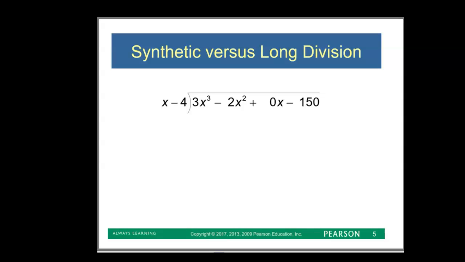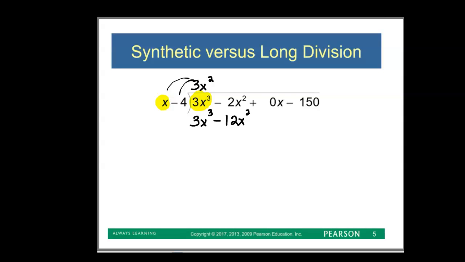So first of all, let's long divide. When we long divide, we look at our leading terms, and then we multiply by the quantity that's going to eliminate that first term. So we have 3x squared. When we multiply 3x squared and distribute, we get 3x cubed minus 12x squared.